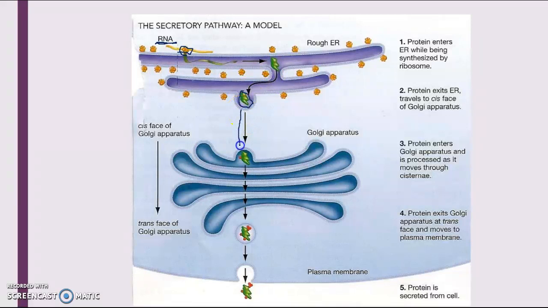The vesicle travels down to the Golgi apparatus. The Golgi apparatus is where that newly made protein is modified. It can add stuff to it, it can take stuff away, it can fold it differently. Travels through the Golgi apparatus where it then gets into another vesicle. The vesicle then travels to the plasma membrane where it fuses with it and leaves the cell to go somewhere else.